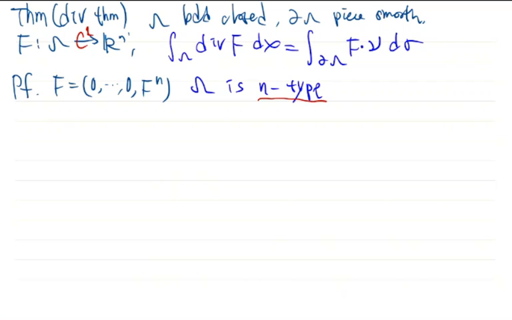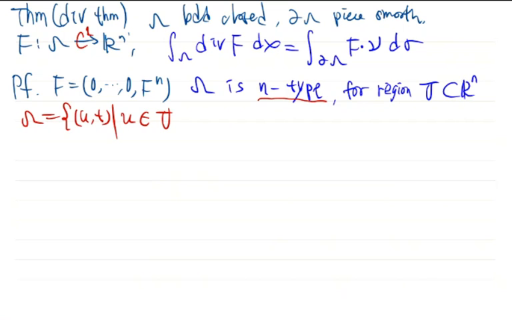N-type means that omega is U times an interval, where U is taken from an n-1 dimensional region. For a region U in Rn-1, omega can be expressed in this way.